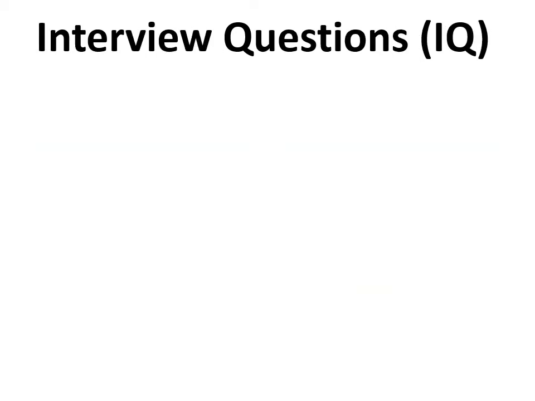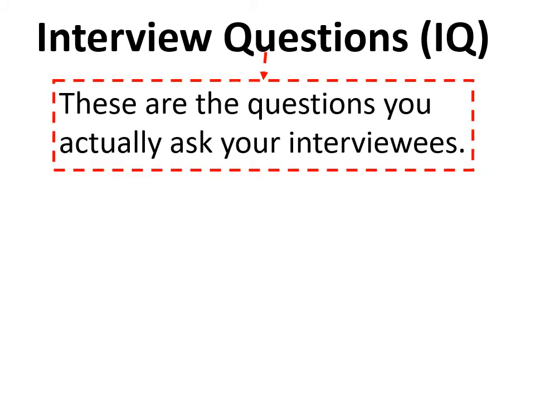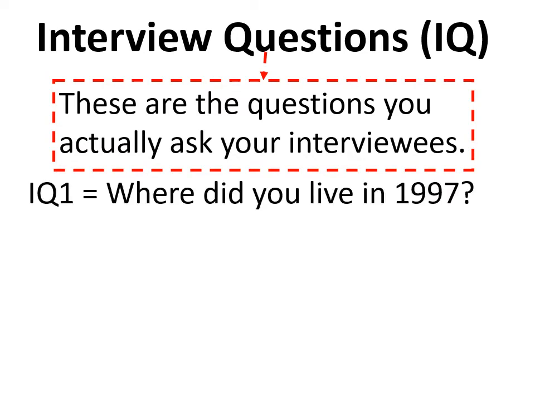Spickard then goes on to talk about interview questions as his kind of third stage. And so these are questions that you will actually ask your interviewees. For instance, if I were going to stick with my central research question and even my theoretical research question that I came up with, which I may or may not actually have in my proposal, like in your proposal, I wouldn't expect to see that.